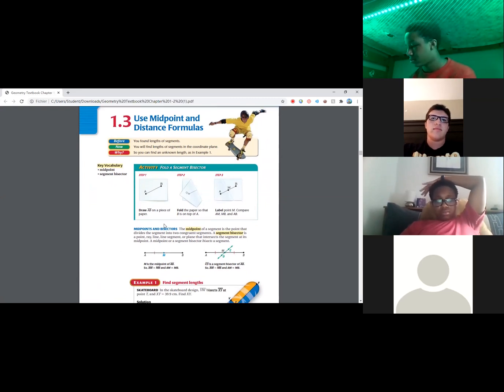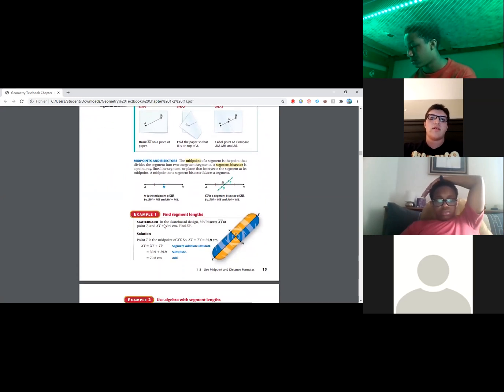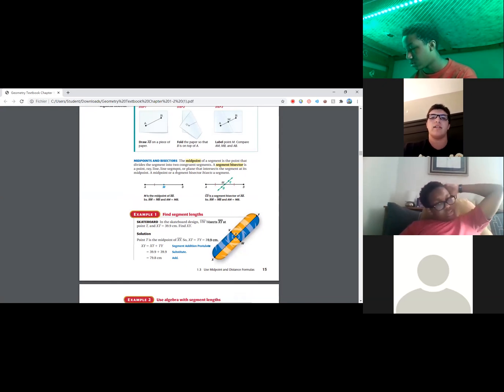So let's see. All right, the midpoint of a segment is basically a point that's the same distance from both endpoints. Like you could see on the screen. For example, on the line AB, M is the same distance from A that M is from B. So it's exactly in the middle, and that's why it's a midpoint.